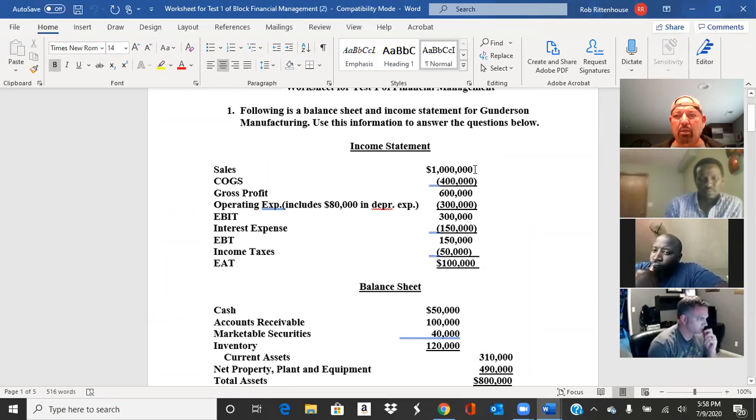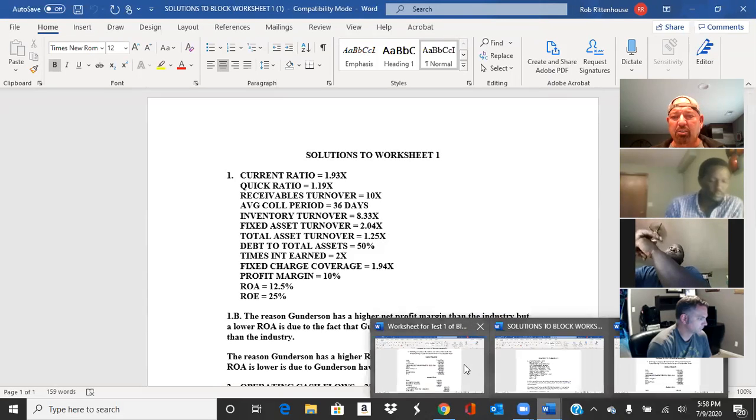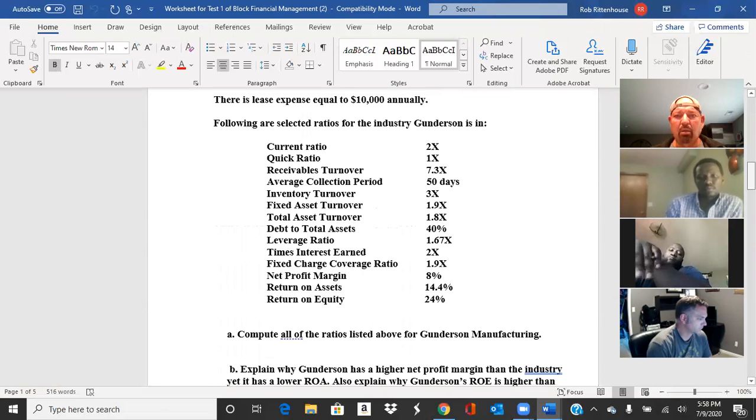You divide $1 million by 120,000, and when you do that, you're going to get an inventory turnover ratio of 8.33 times, which compares with the industry average of 3 times. We have a way higher inventory turnover ratio than the industry, and that's a good thing, remember.